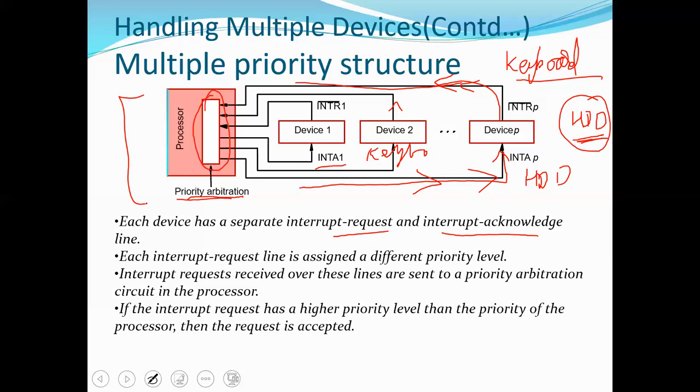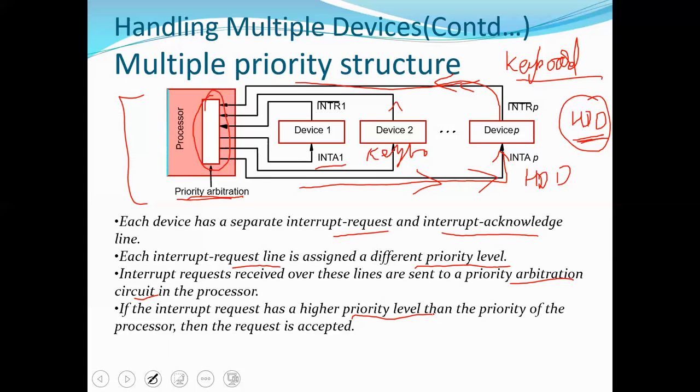Each device has an input request line and an input acknowledgement line. Each input request has a different priority level, as I told. Each device has a different priority. The arbitration circuit is there to check which device has a higher priority. Depending on the priority, the device is selected and acknowledgement is sent.